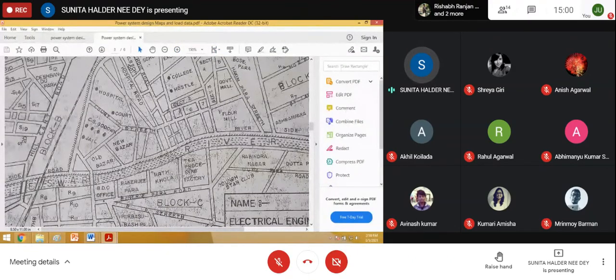Banerjee Para means it is a residential area, so there will be residential load. Residential load information is given in the load sheet, but that is not shown here. So you have to show where the load is, and I shall discuss how to put that.